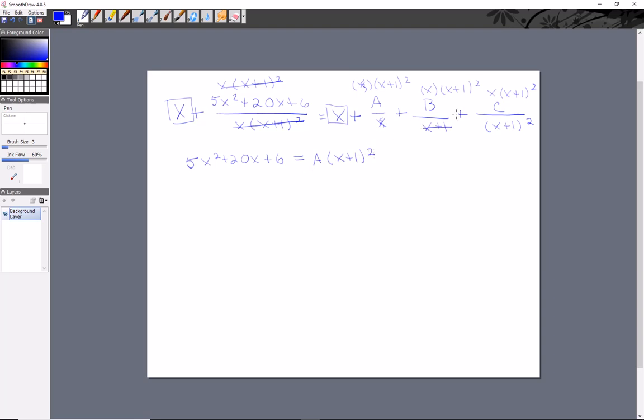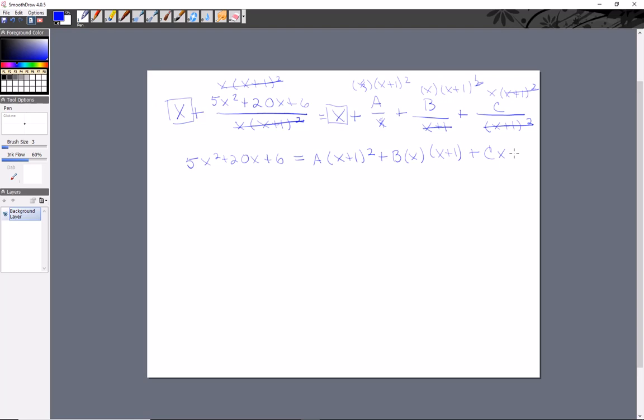Then this x+1 will take out one of these, leaving 1, so that'll be plus B times (x+1). And this will take out this in its entirety, so it'll just be plus Cx at the end.